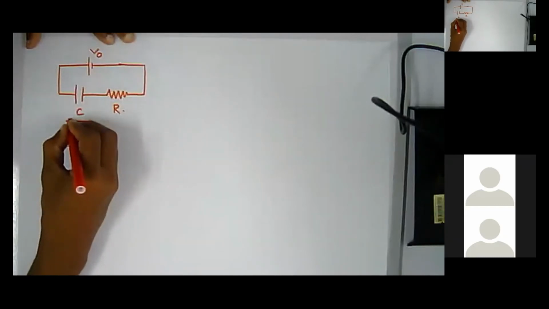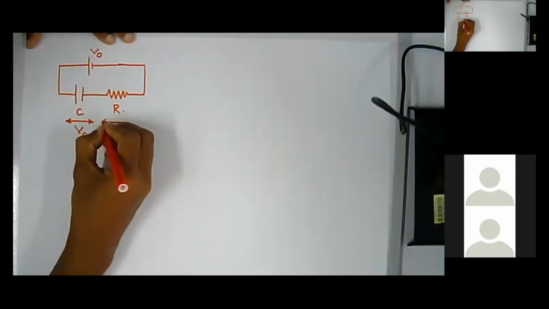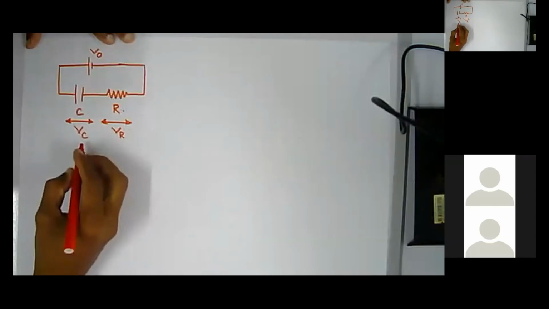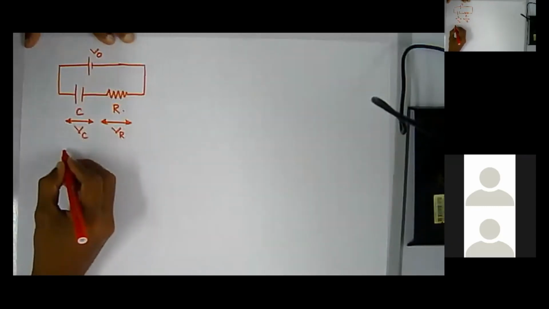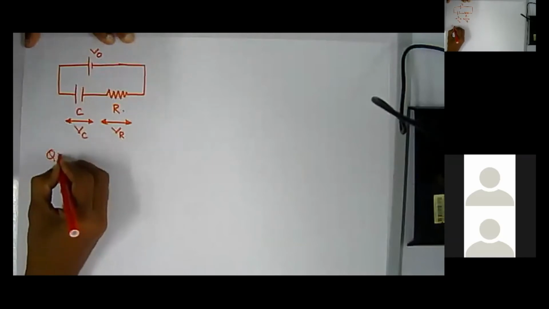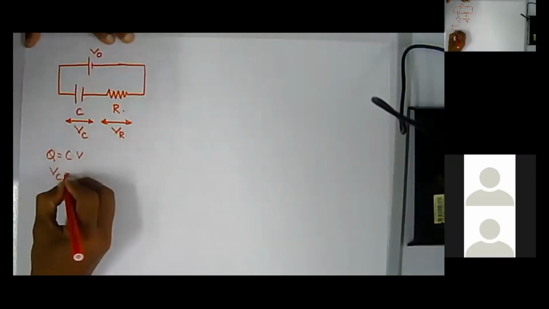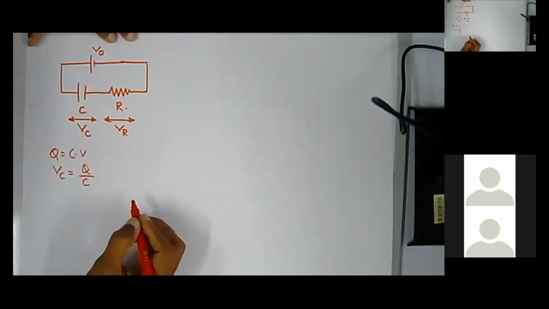Let the voltage across the capacitor be VC and the voltage across the resistance be VR. So I can write Q equals C into V, or VC equals Q by C.